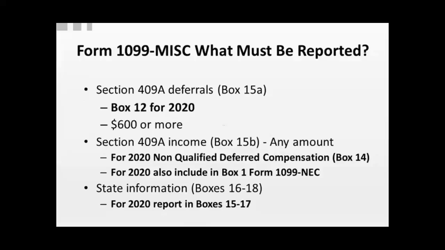And for this, anything reported in Box 14 as non-qualified deferred compensation should also be included in Box 1 of Form 1099 NEC, because that's going to be probably subject to self-employment tax. So it gets reported on two forms for that.